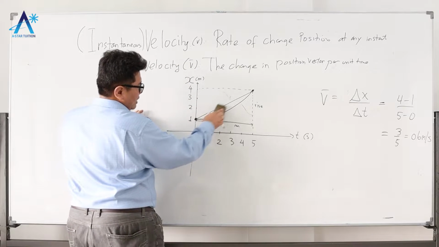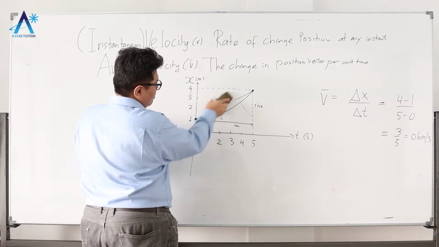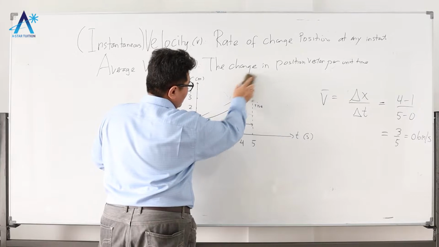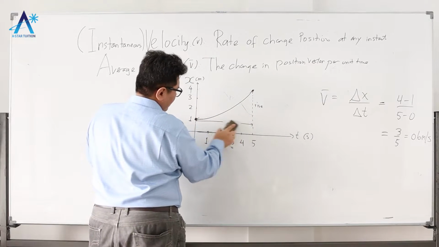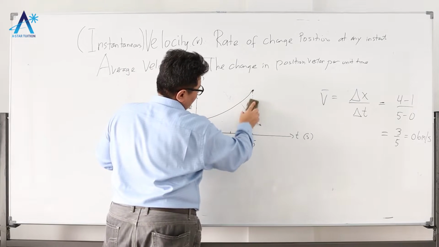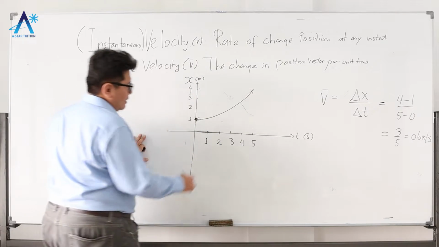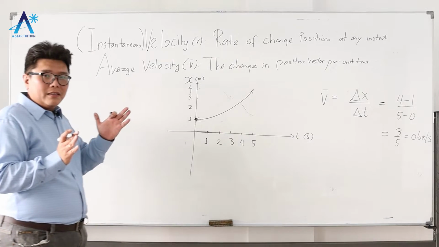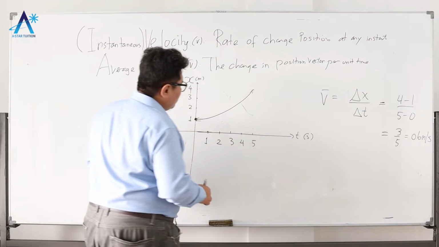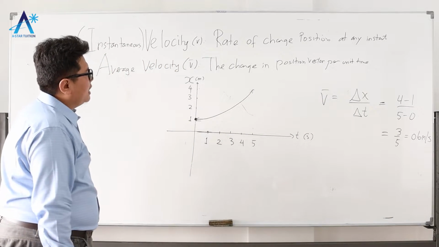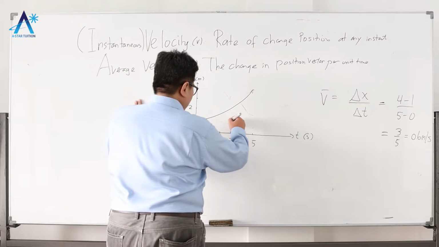Let me just erase the straight line from the average velocity, and let's keep the graph intact. Now you can see that this is a curvy line, so it's not a straight line. Let's say I want to calculate my velocity at 3. So what do I do?